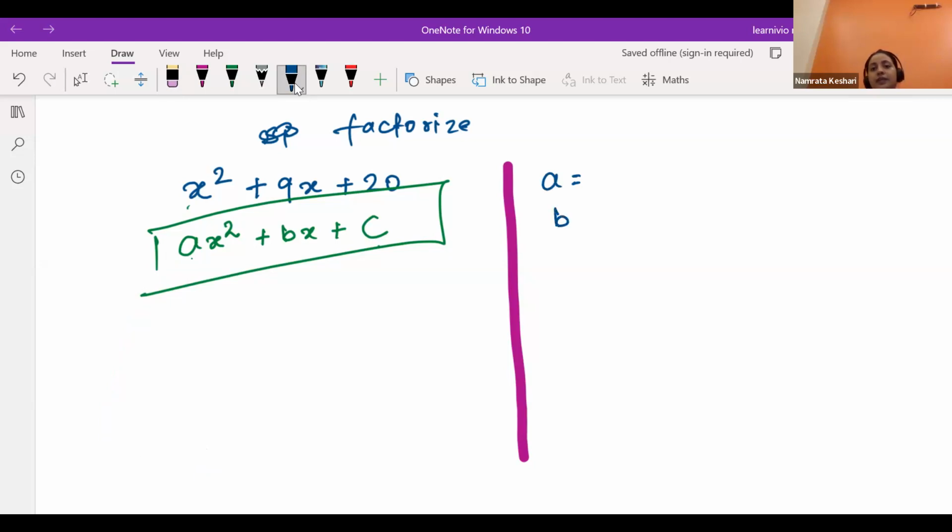Ma'am, A is 1, B is 9, and C is 20. A, B, C are just numbers. Whatever is multiplied with x square, that is A. Whatever is multiplied with x, that is B. And C is just a number without any x.